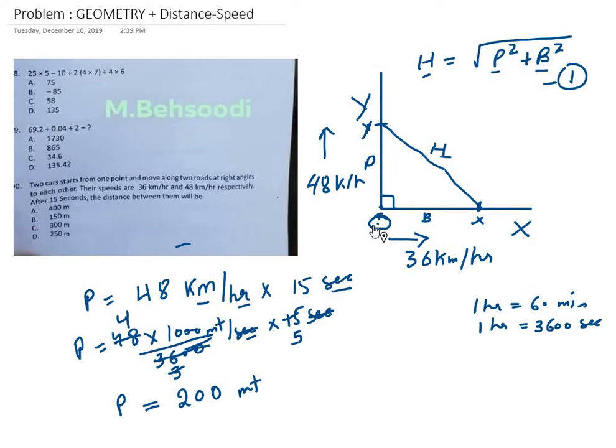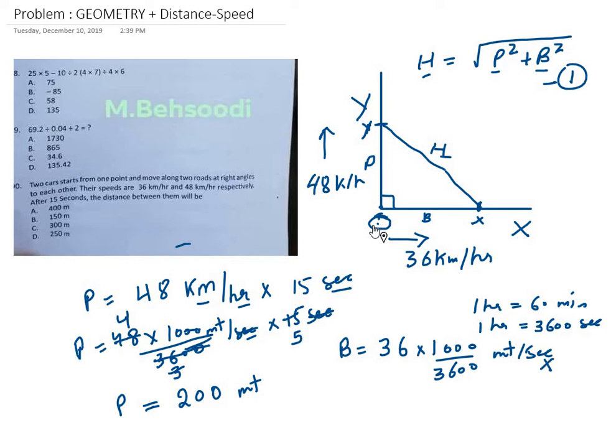Similarly, if we do the calculations for the base as well, how can we quickly do it without doing all this? We have learned that to convert kilometer per hour to meter per second, we just need to put this fraction here, 1000 by 3600, and the units will change to meter per second, right?